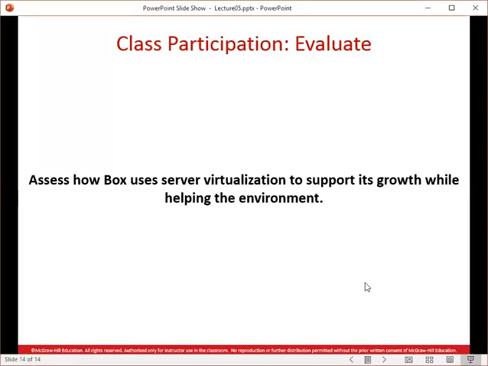And finally, assess how Box uses server virtualization to support its growth while helping the environment. Through the use of virtualization, computers can run multiple operating systems along with multiple software applications at the same time. An analogy for this is a modern computer printer. In the past, you had to purchase a separate fax machine, copy machine, answering machine, and computer printer.